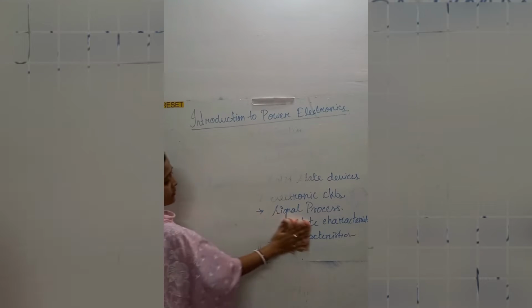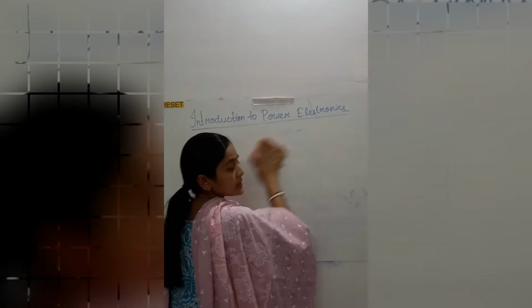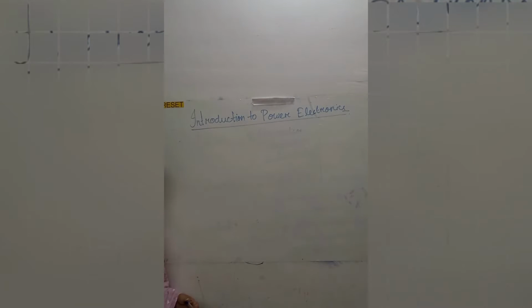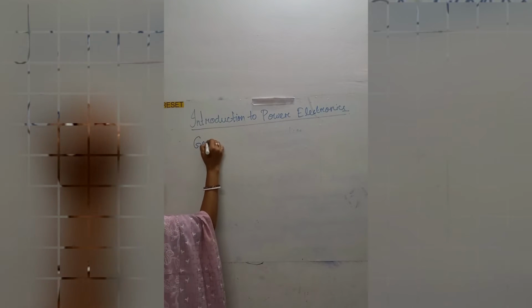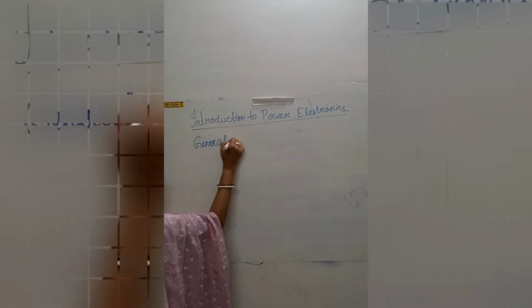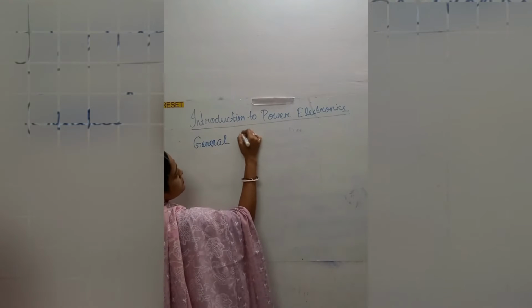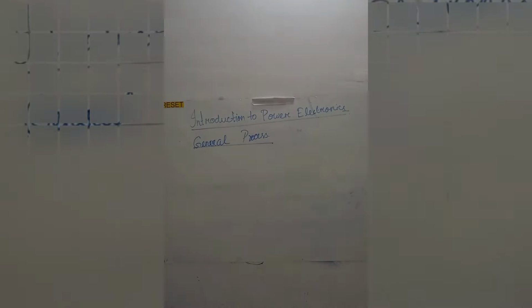So in general, when we say generation of the power is needed, we need to generate it, then we need to transmit it, then we use it in the load side or at the output. In the general process, what happens? We need some fuel or sources.